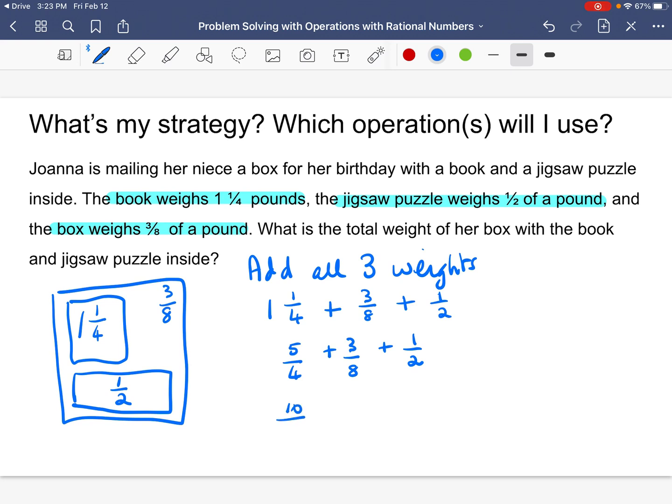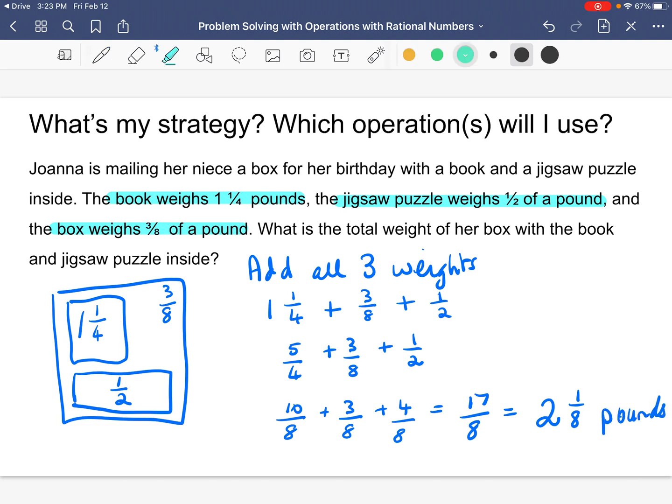So 10/8 plus 3/8 plus 4/8, 10 and 3 is 13 and 4 is 17/8. And I can write that as a mixed number. 2 times 8 is 16, so 2 and 1/8 pounds.